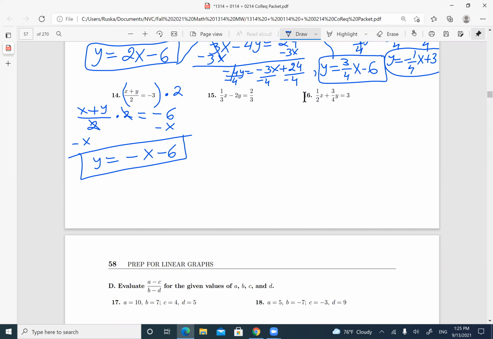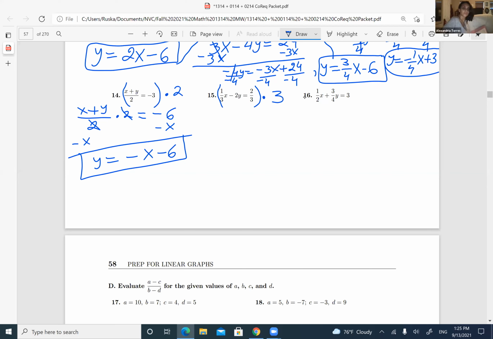Okay. So now for number 15, look at these fractions again. What are you multiplying by to clear all the denominators? 9. Okay, you can do 9, yeah, but you can just multiply by 3 because both of those are the same.